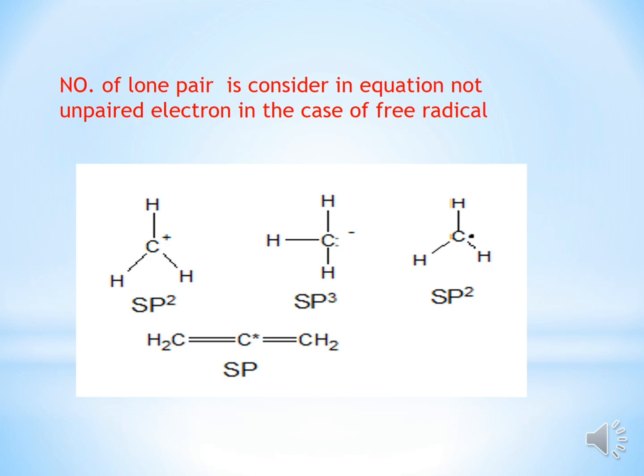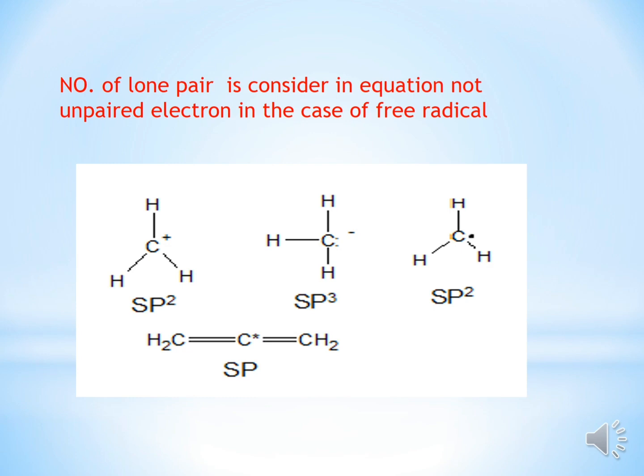In this case there are 3 attached atoms, that is why it's sp2. Here 3 attached atoms plus 1 lone pair, so it's sp3. And here 3 attached atoms, but there is one single electron, so it's a free radical which will not be counted, so it is sp2.